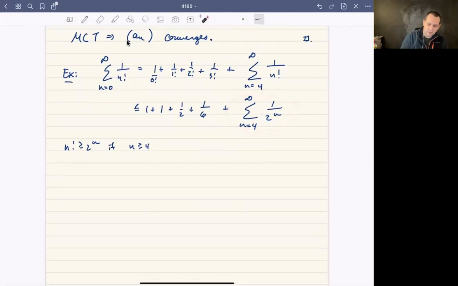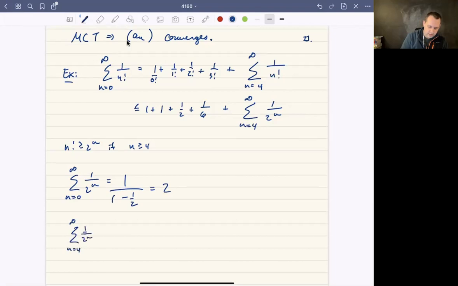Now we just have to calculate what this is going to be. The sum of 1 over 2 to the n, on the one hand, is going to be 1 over 1 minus a half, which is 2. On the other hand, we're missing the first few terms, so this is just the sum starting at 0. The sum starting at 4 of 1 over 2 to the n is going to be the sum from 0 to infinity minus what happens at 0, which is 1, plus what happens at 1, what happens at 2, so it's 1 over 2 squared, plus what happens at 3.